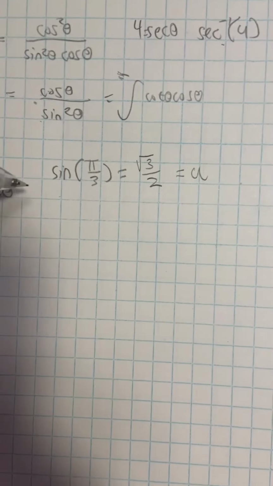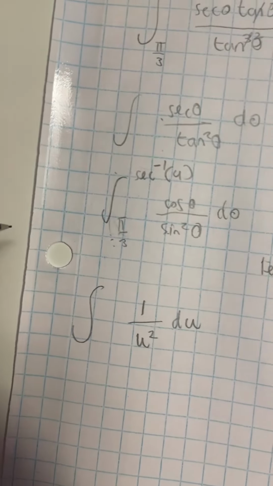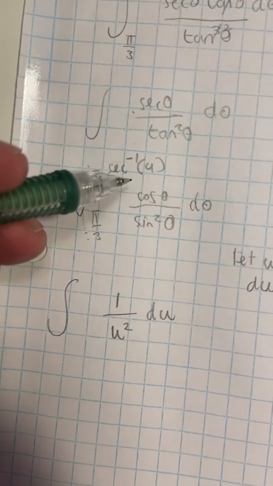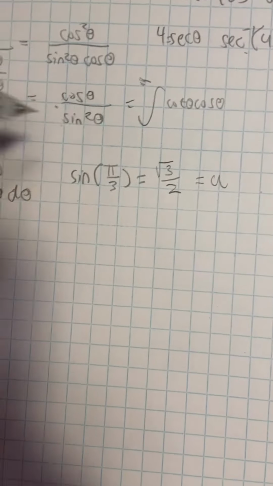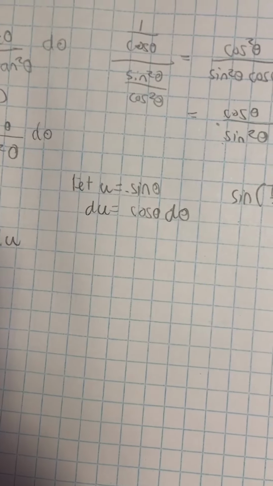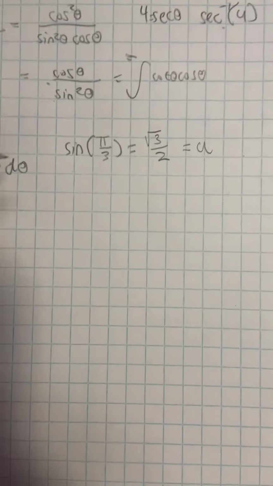And for the upper bound, we have the inverse secant of 4. So we know that u is equal to the sine of theta, and theta is the inverse secant of 4.